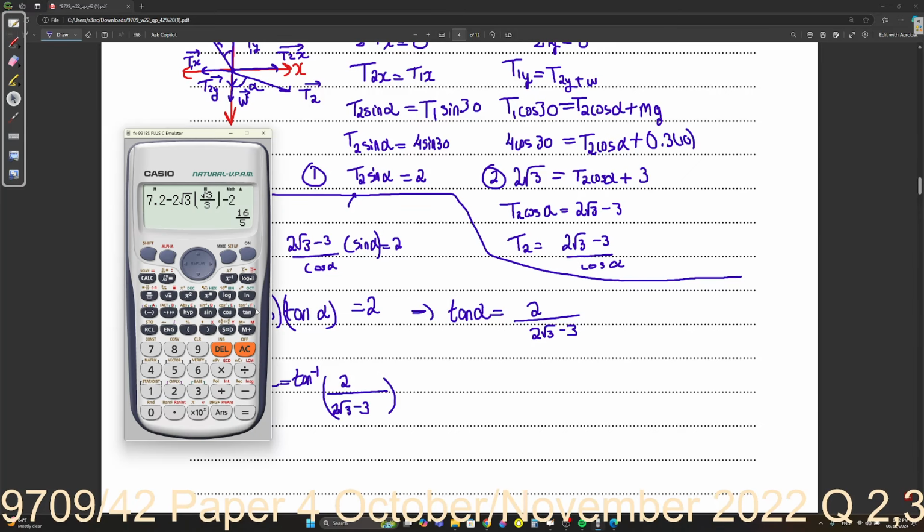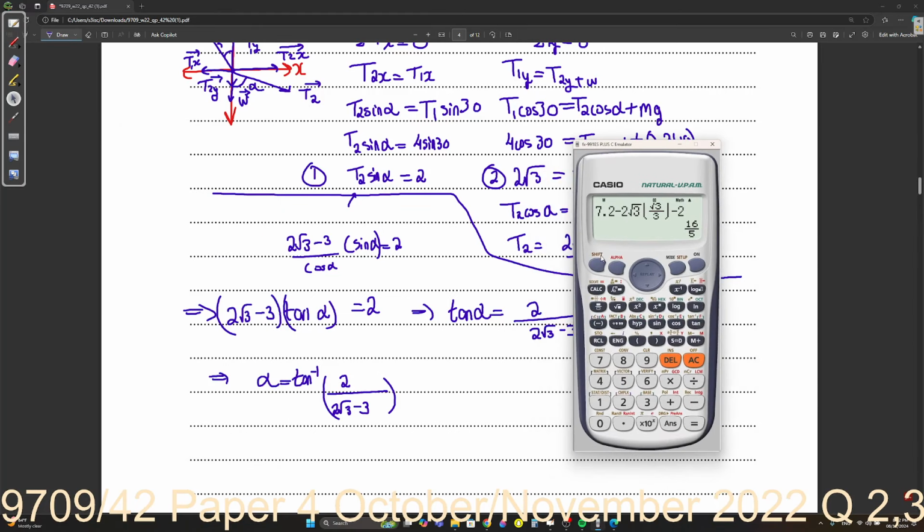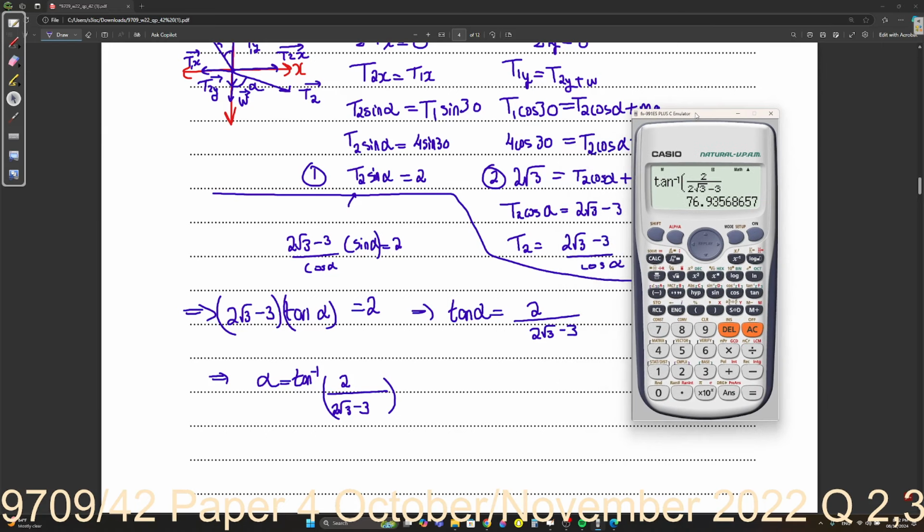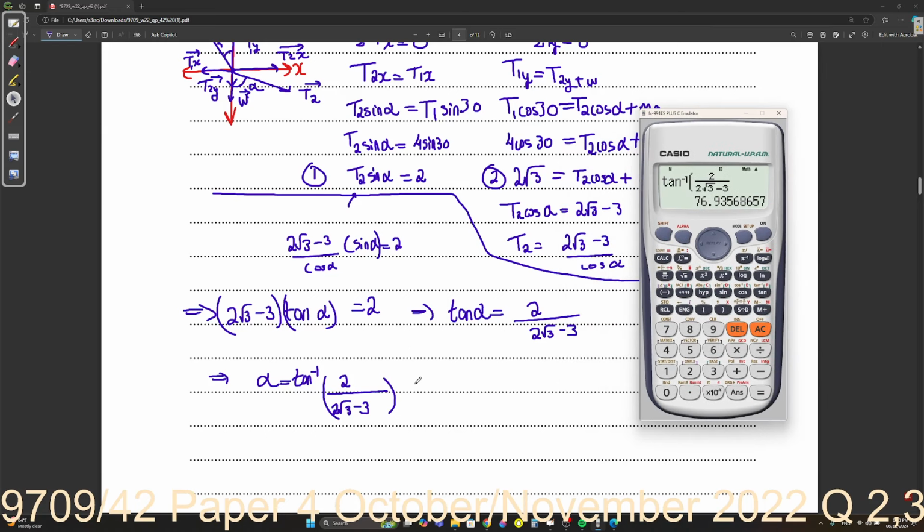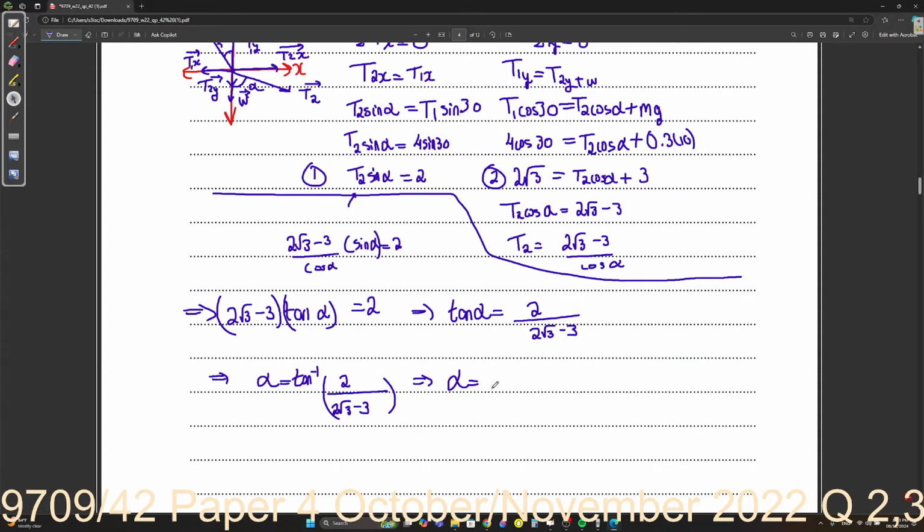which we do on our calculator: shift tan, 2 over 2 root 3 minus 3. Oh, the minus 3 goes down. You get 76.9 degrees. So alpha is equal to 76 point something.